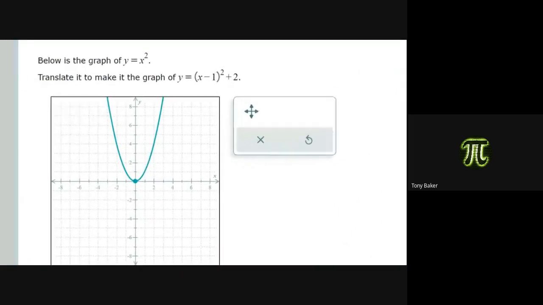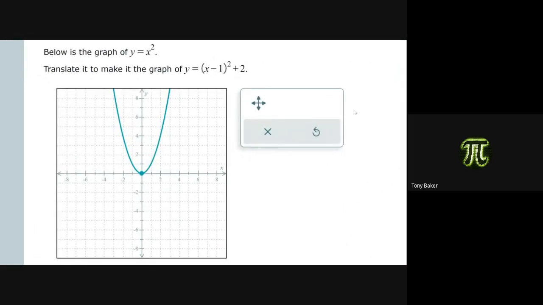All right, what about this one? Right 1 and up 2.